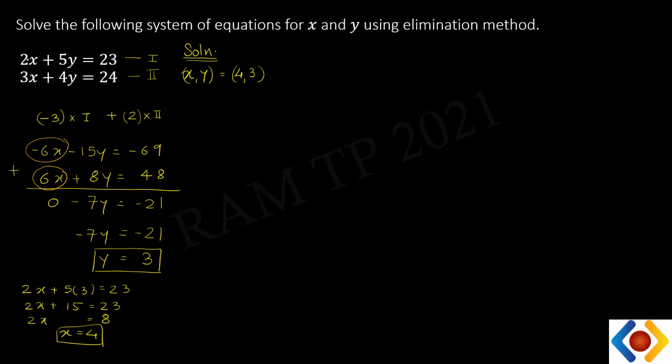For that I decided to multiply the first by -3, so that it becomes -6x, and the second equation I decided to multiply by 2. So I will get positive 6x, and when I add them, they both cancel and become 0. So this is the elimination method.